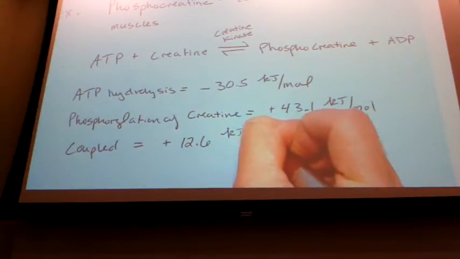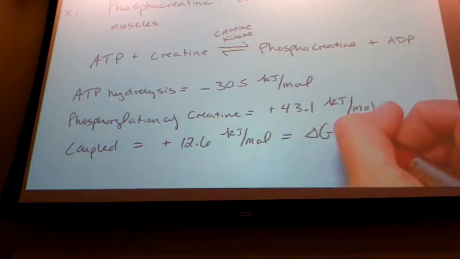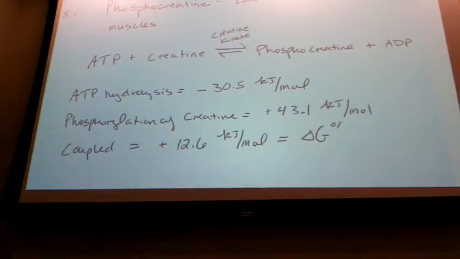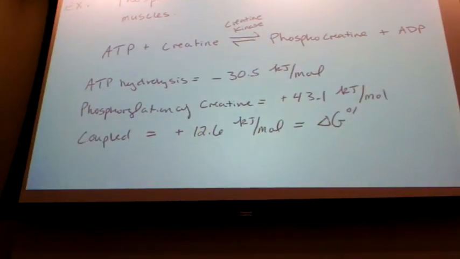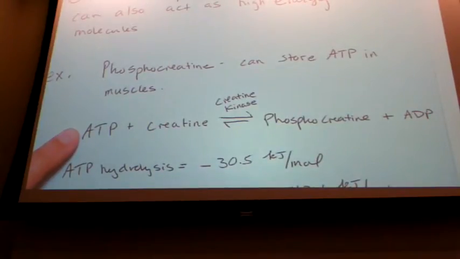And just a reminder that this is equal to the standard free energy change, because those energies in the table are standard free energies. So this implies that I'm going to consume energy in order to be able to store my ATP.